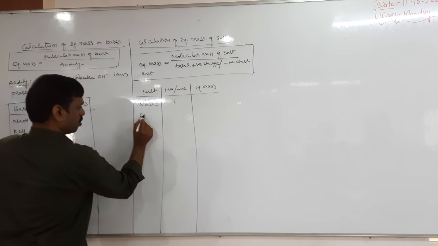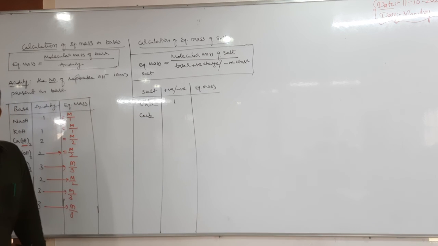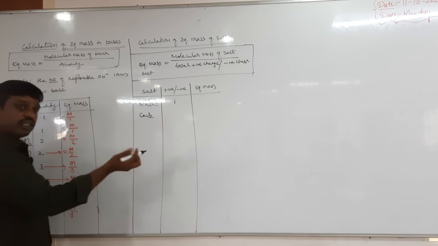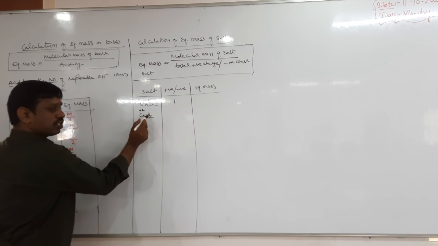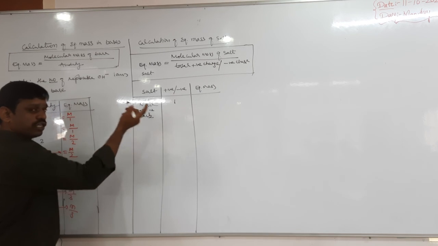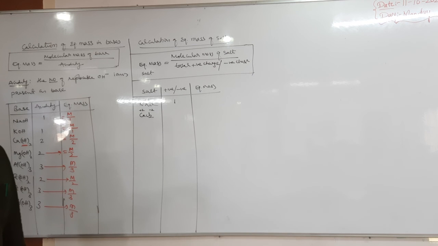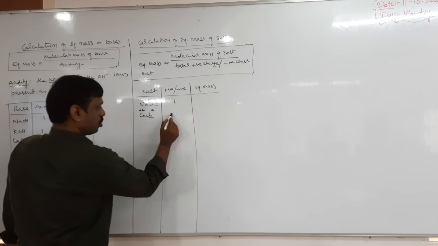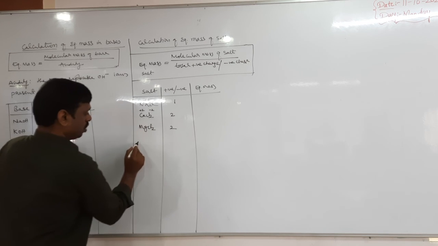Next, CaCl2. What is the positive charge? 2. Negative charge also 2, because 1 calcium is plus 2, and there are 2 Cl, each Cl minus 1, so 2 Cl is minus 2. So you can take either positive or negative. Therefore it is 2. MgCl2 is also 2.